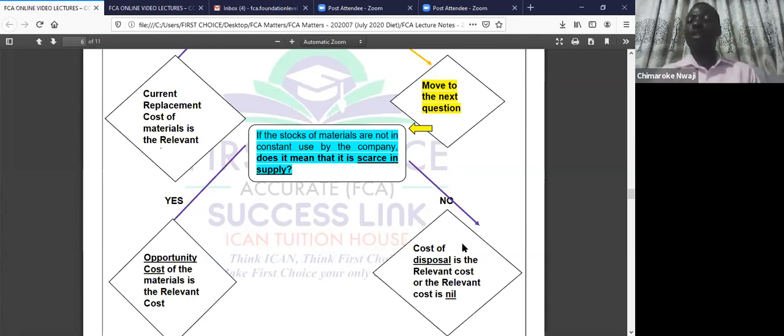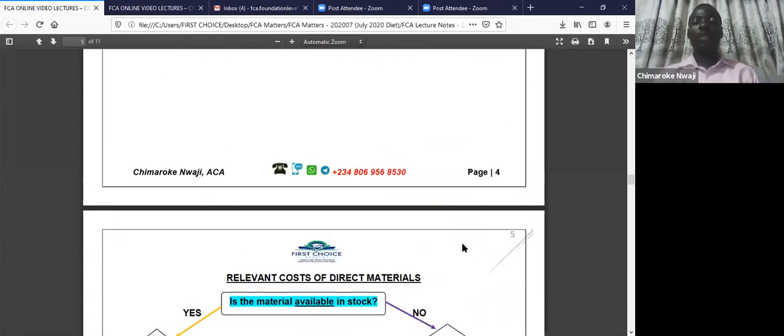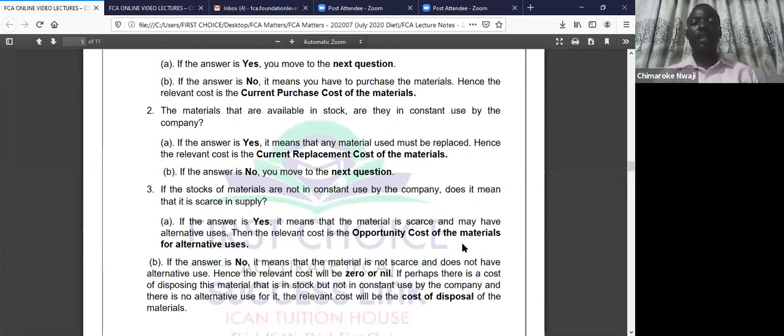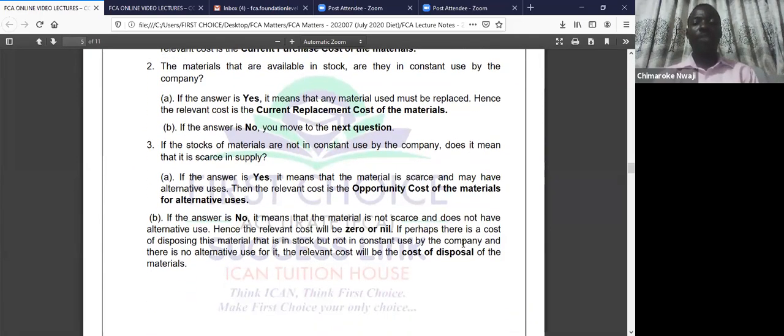There is no opportunity cost that you are foregoing as a result of using it. So when there is no scarce supply of that material, it becomes nil, except if there is going to be disposal, then you say disposal costs. That's all this analysis is trying to explain to us.